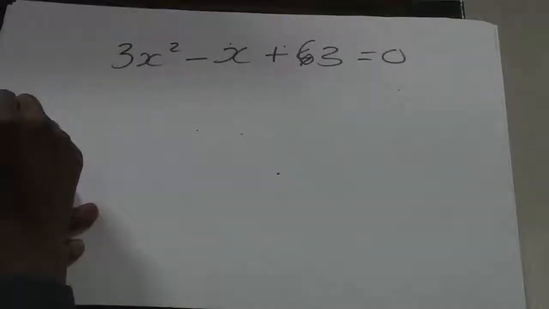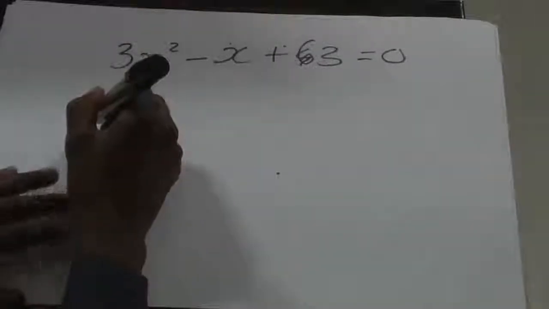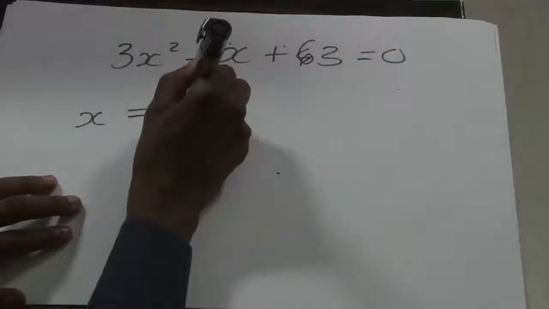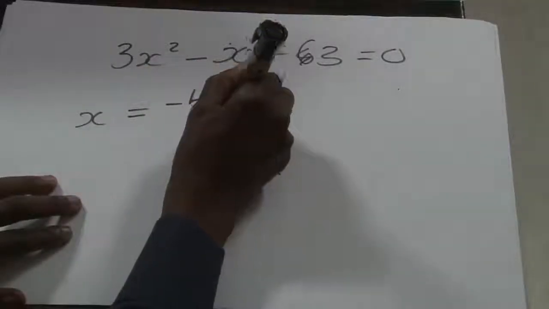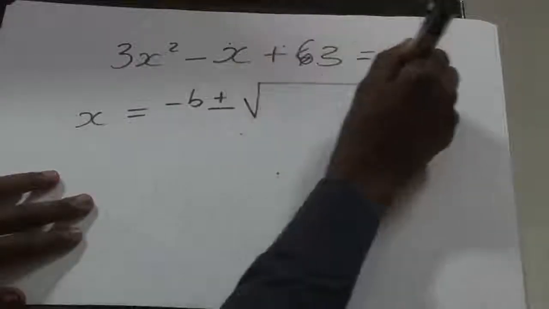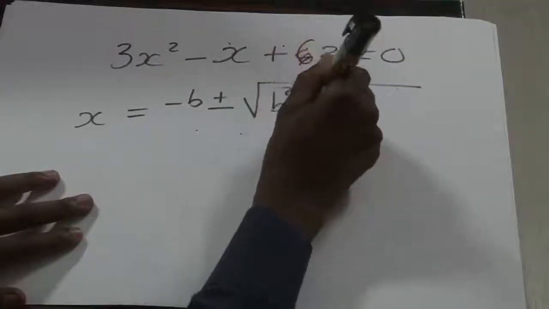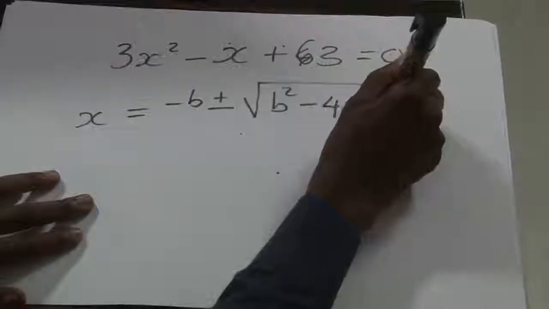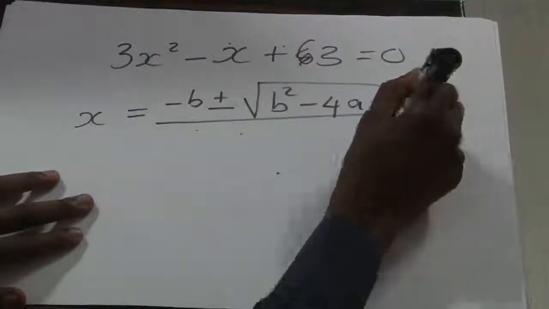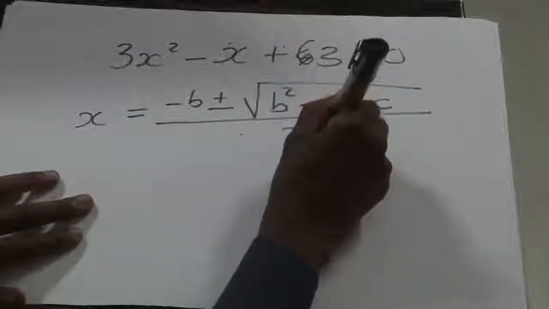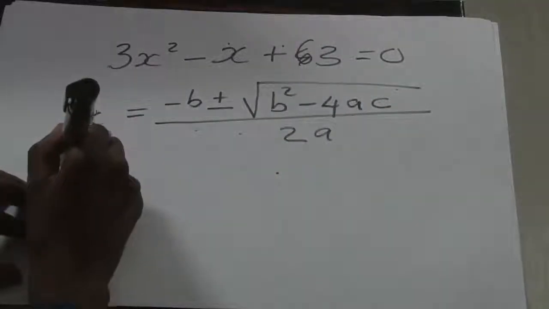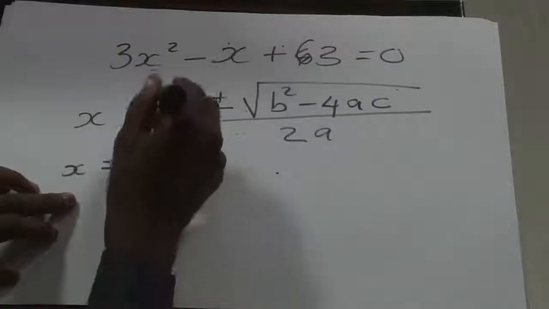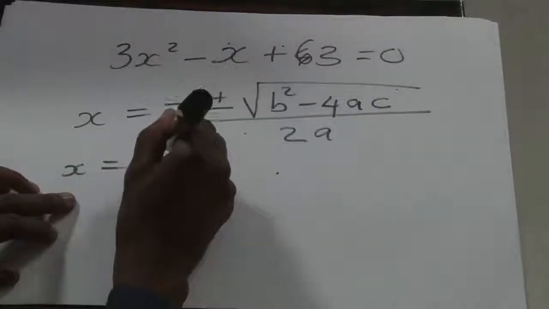You can use, let's use a formula instead of using this one. The formula: x is equal to minus b plus or minus square root of b squared minus 4ac, divided by 2a. So now we are busy solving for x like this. What is the b value?